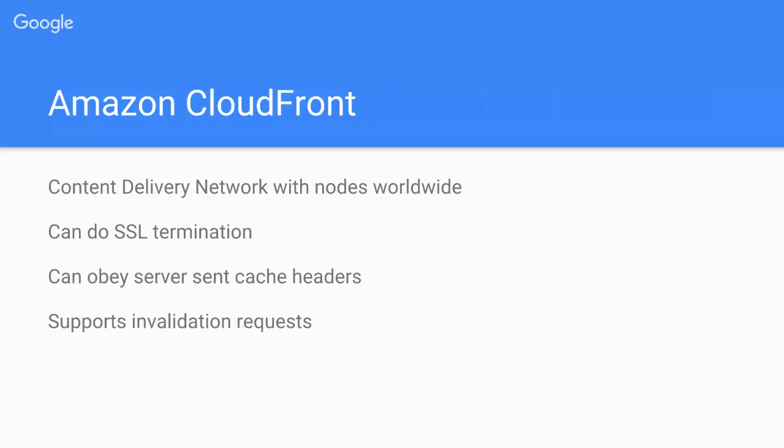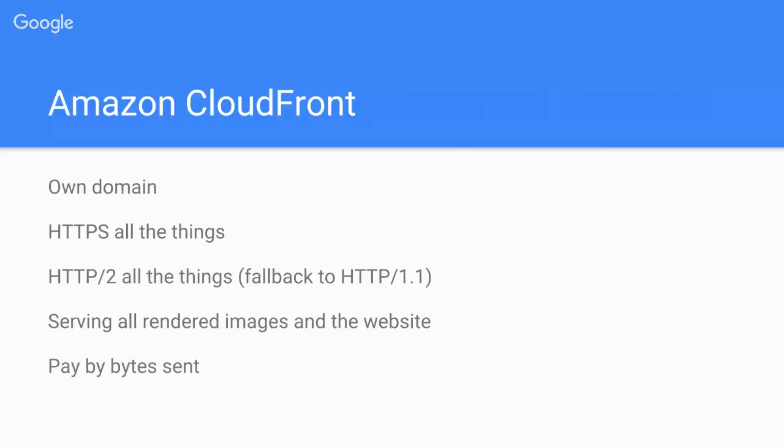CloudFront, the content delivery network of Amazon. Worldwide access nodes, all the fancy stuff. You can allow very specific caching rules, like say, oh, the server says when and how long to cache it, instead of CloudFront deciding when to. And you can invalidate cache objects, which we are also actively doing in some cases.